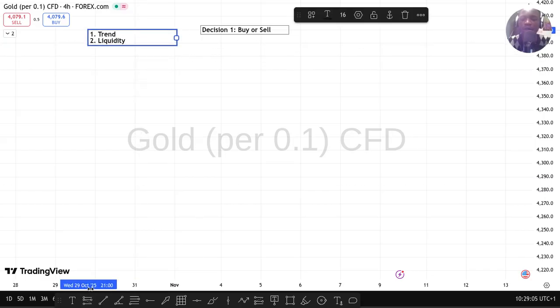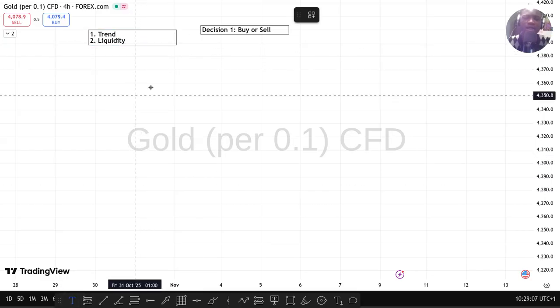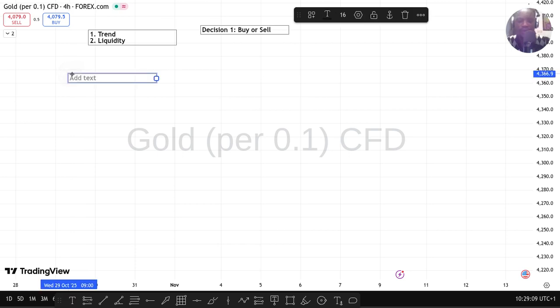Now, there's a theory, a law of price, that you need to know. This law of price says that whenever price is moving, whether up or down, it's doing one of two things. It's either giving fair value, or it is seeking liquidity.